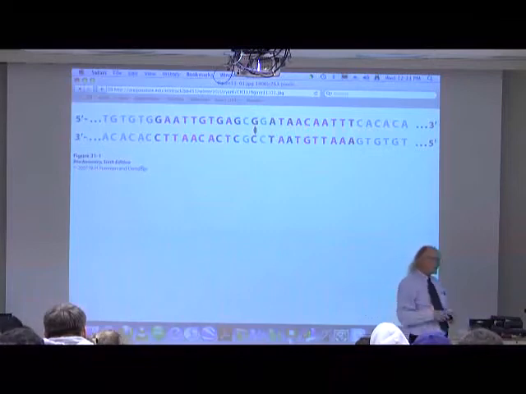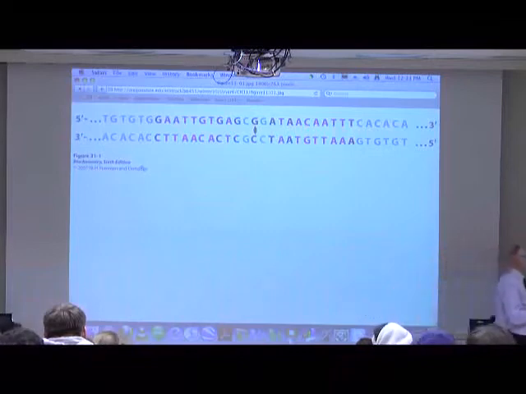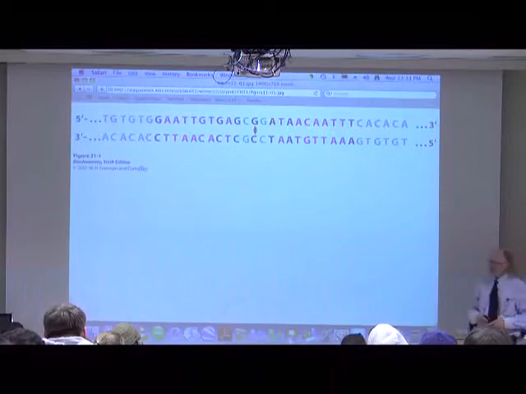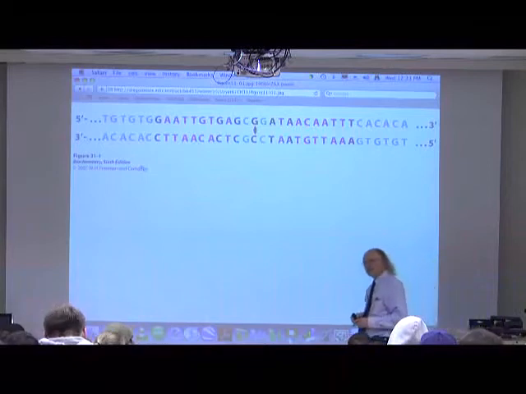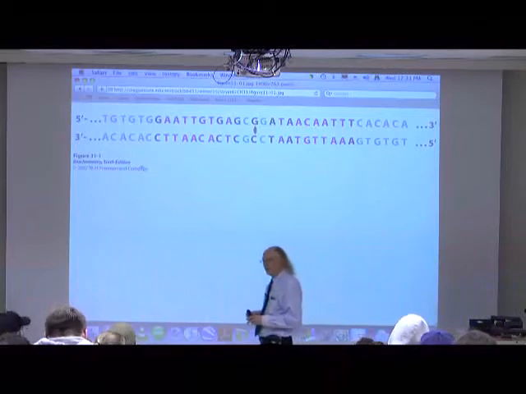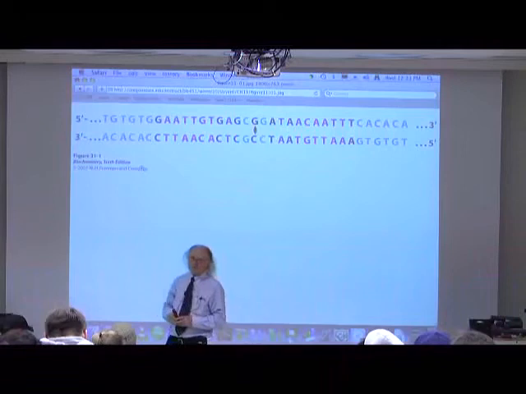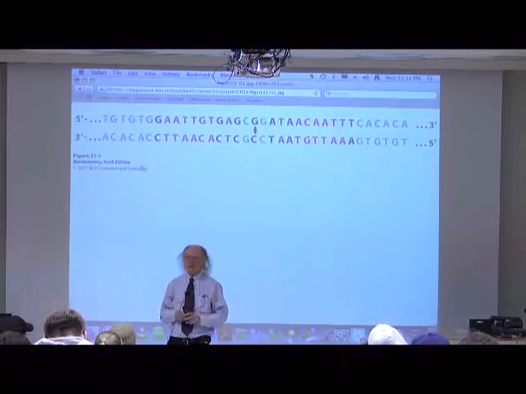It turns out that the bacterial cell has the ability to have lac transcription turned almost completely off, and in other cases to have it turned on as one of the strongest promoters in the cell. Now, so far, the only thing that you've seen that affected transcription in prokaryotic cells was something called the sigma factor. This system has something else, and I'm going to show you that as well.